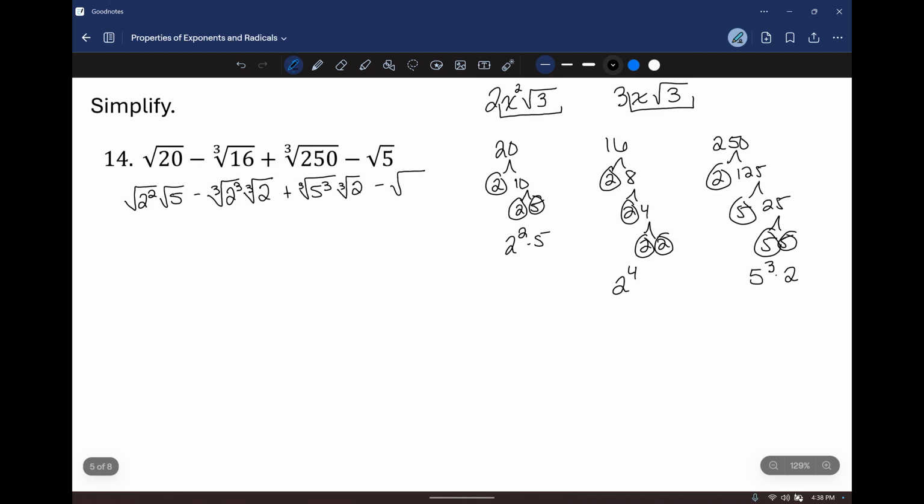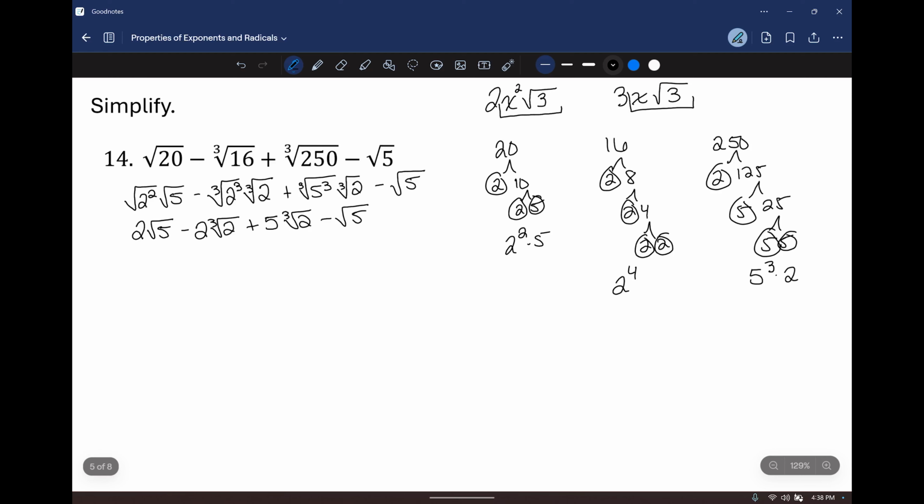And then 5 is a prime number, so we can't do any splitting there. So the square root of 2 squared is 2, and then the square root of 5. The cube root of 2 cubed is 2, and then I have the cube root of 2. The cube root of 5 cubed is 5 cube roots of 2.